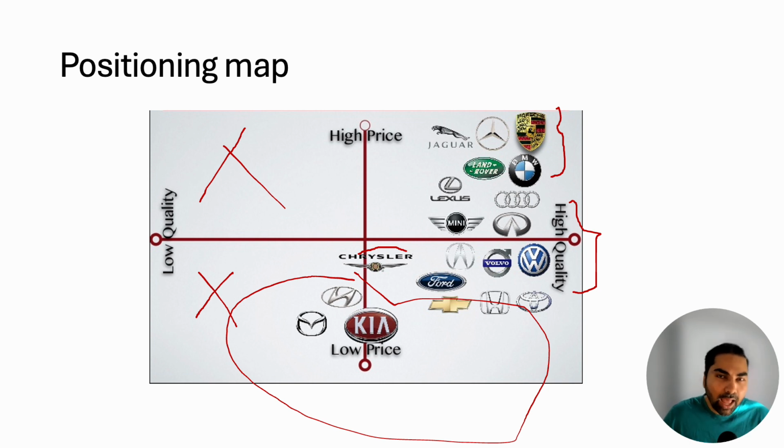For instance, a high income person may want to buy their first car as something high quality and high price, but they may want to go for a lower quality, low price car as their second car. So you position yourself in the eyes of the segment, and that's how they are going to perceive that particular product.